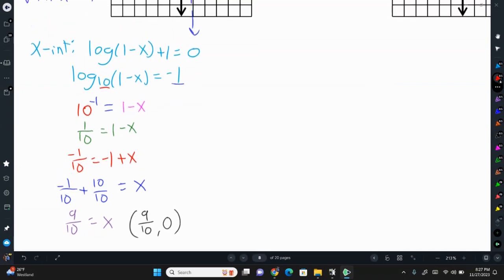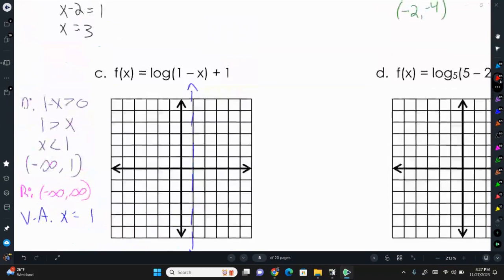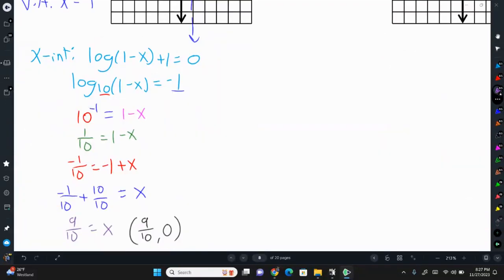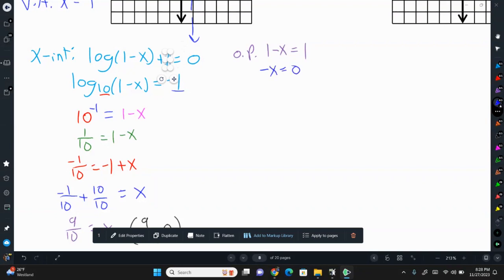I always like to set it equal to 1 because that will generally make the number smaller. So the inside is 1 minus x. So my other point, 1 minus x is equal to 1. Okay, we subtract 1 from both sides. Negative x is equal to 0, which means x is equal to 0.